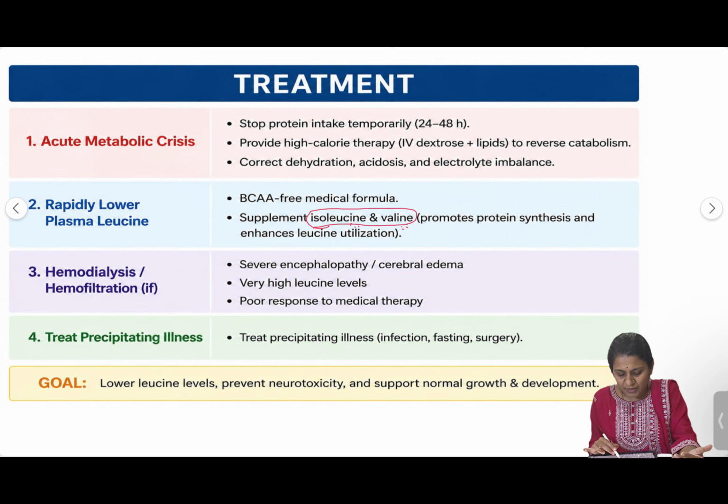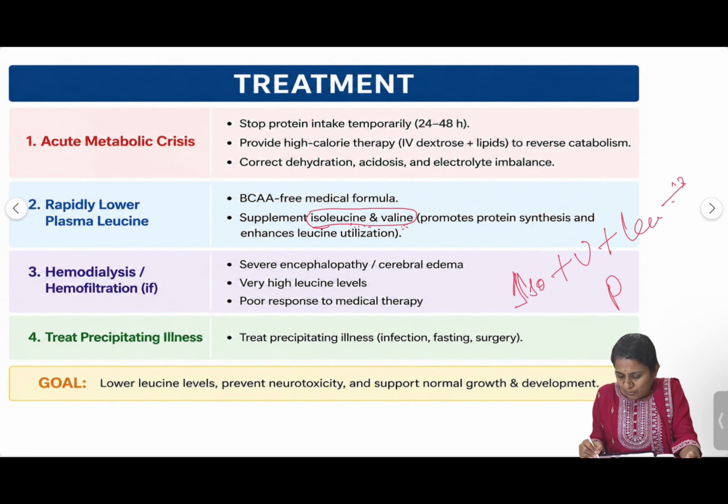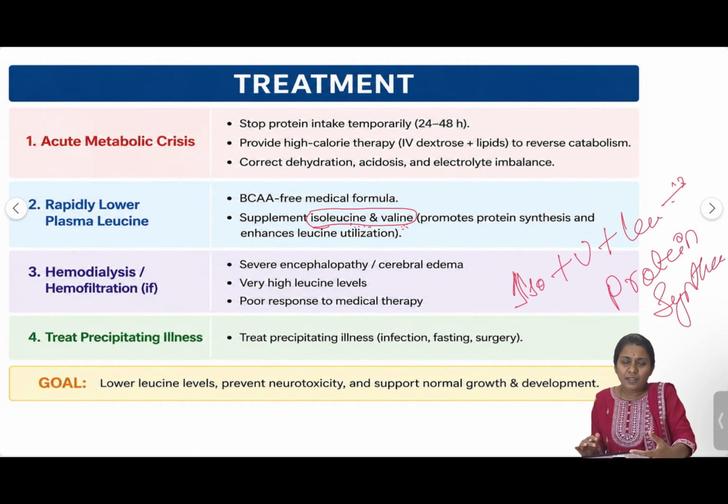Because if you are supplementing some amount of isoleucine and valine also, there is anabolism. So they are going to form protein rather than catabolism. So isoleucine plus valine plus leucine will lead to what? Protein synthesis rather than degradation.